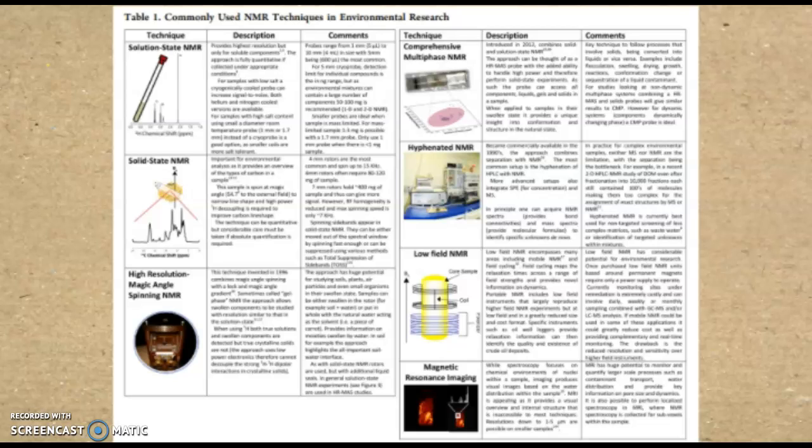Solid state NMR is important for environmental analyses because it gives insight to the types of carbon in a sample. And thirdly, the high resolution magic angle spinning NMR, also called gel phase NMR, allows for swollen components to be studied with a resolution similar to solution state NMR.